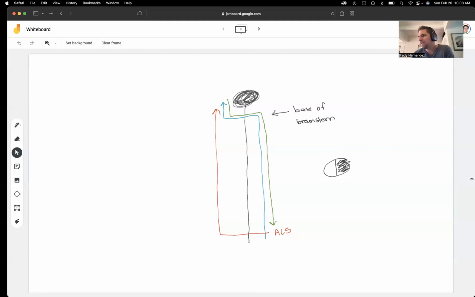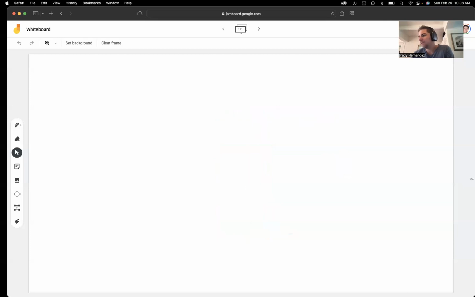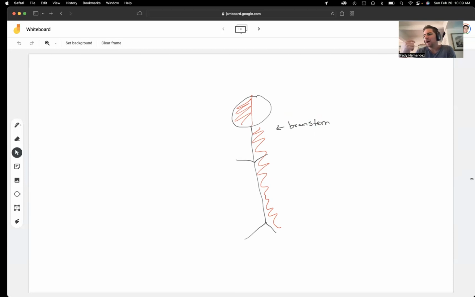Couple of other things. If you had, this is a great drawing, as you can see. If you had one side of the head and then the contralateral body affected, right? It would probably be somewhere at the level of the brainstem. This is in First Aid as well on that page. And that's because all of the nerves to the face, the corticobulbar tracts and whatnot, they cross a little bit higher up.